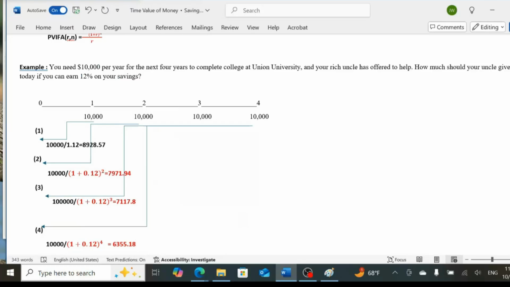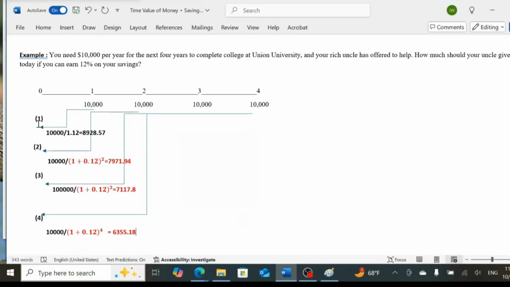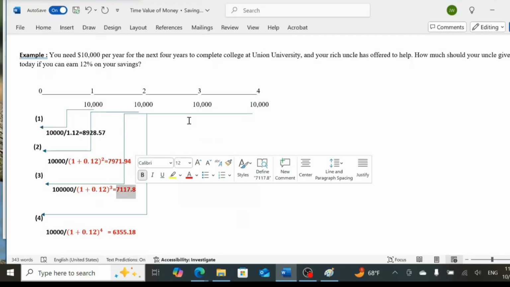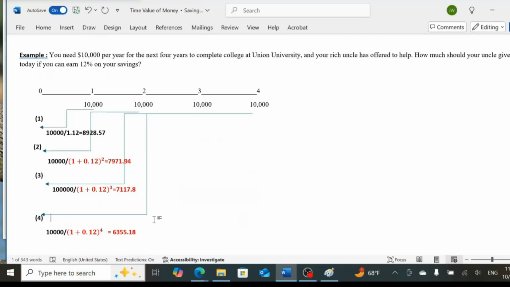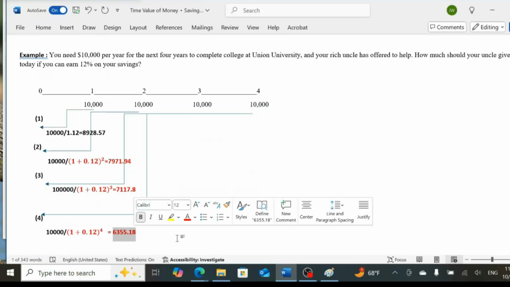If the uncle writes four checks, the first check will grow to $10,000 in year 1. The second one, 7971, will grow to $10,000 after 2 years. The third one will grow to $10,000 after 3 years. The last one will grow to $10,000.